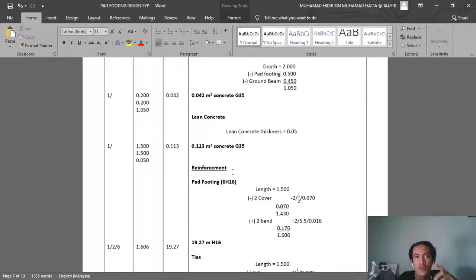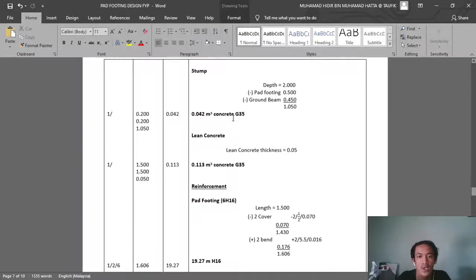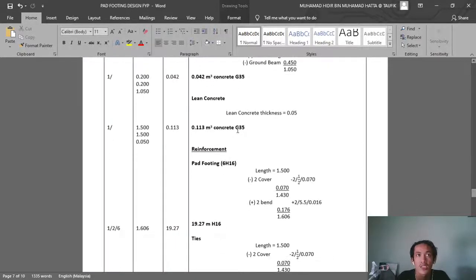So we need to use a higher grade of concrete, at least G30. For this pad footing, I have used G35, which is fck 35.